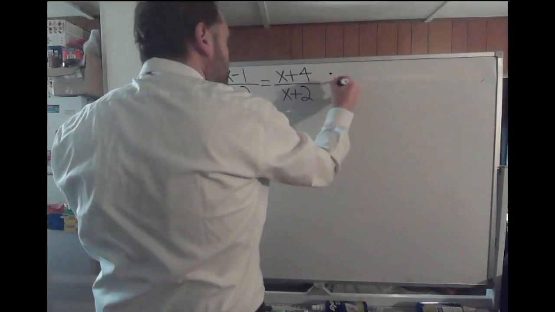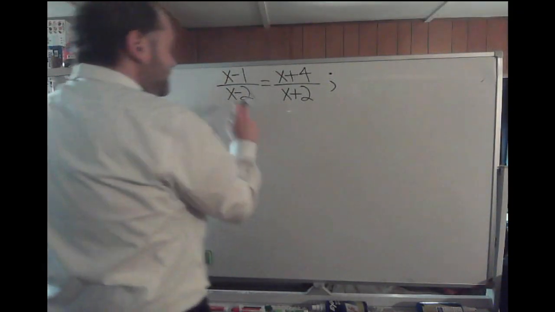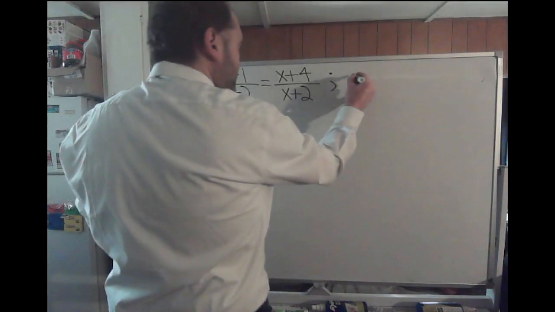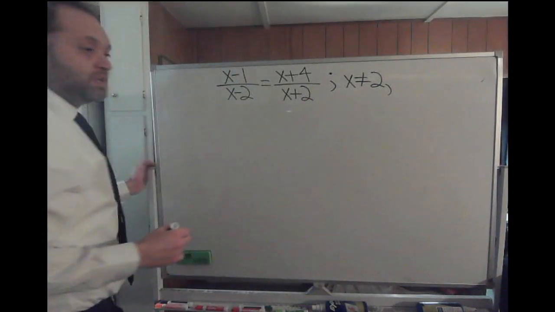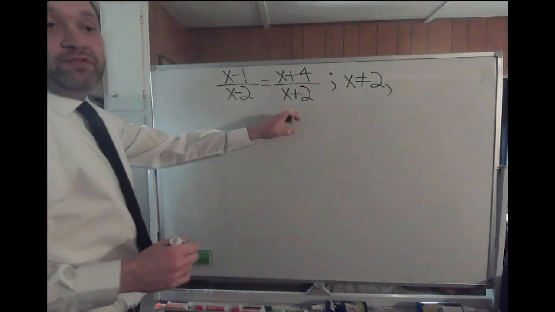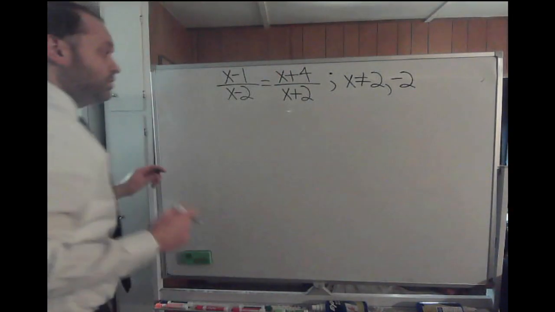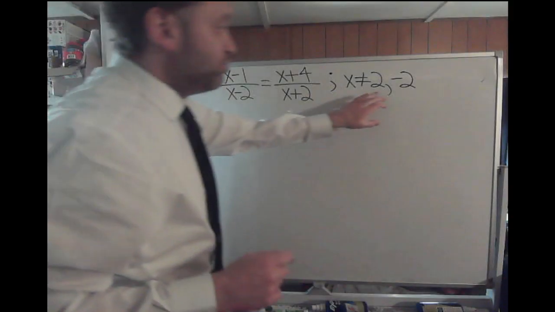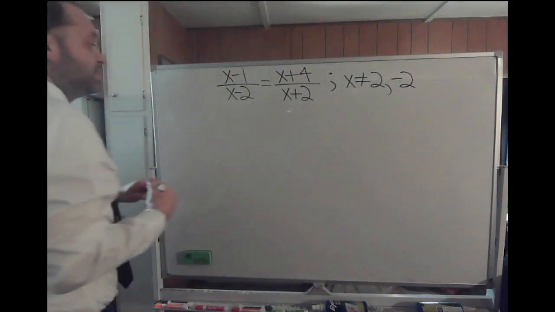You'll get the values for which these fractions are undefined. X minus 2 equals 0 would mean x equals 2, so x cannot equal positive 2. X plus 2 equals 0 will give you x equals negative 2, so x can also not equal negative 2. So x cannot equal positive or negative 2. If it does, it's undefined.